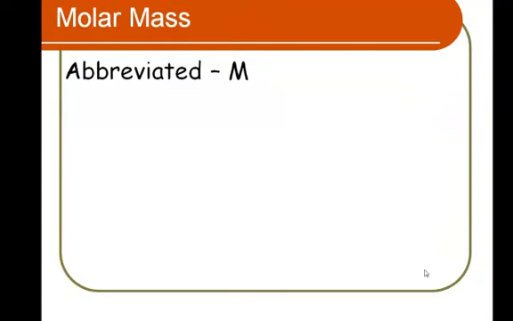We also can use the mole to determine the mass of 1 mole of a substance. Now, molar mass is abbreviated capital M. It's important to remember that molar mass is the mass in grams. What's the mass in grams of 1 mole of a substance?